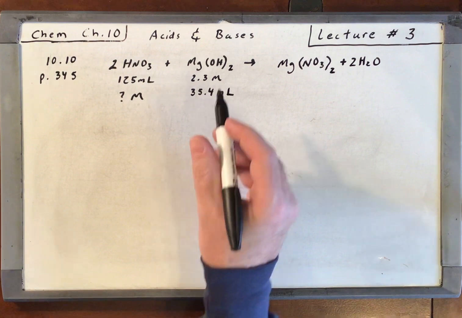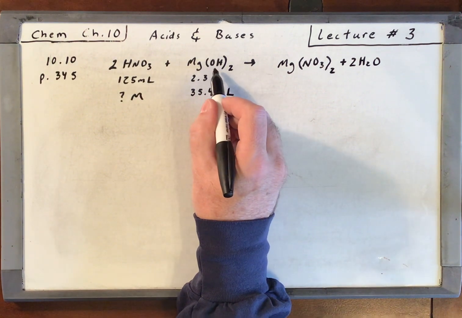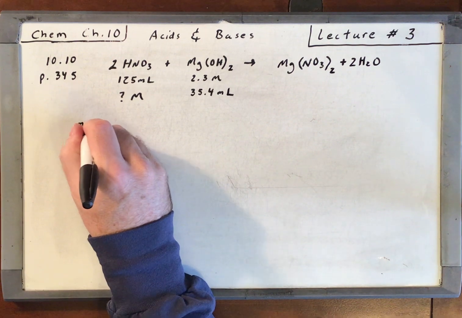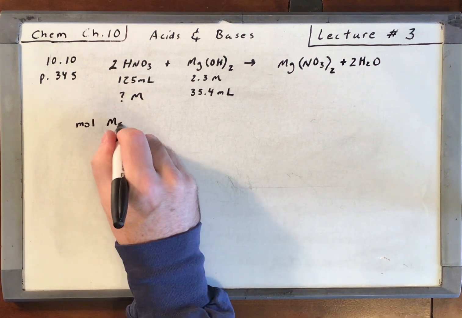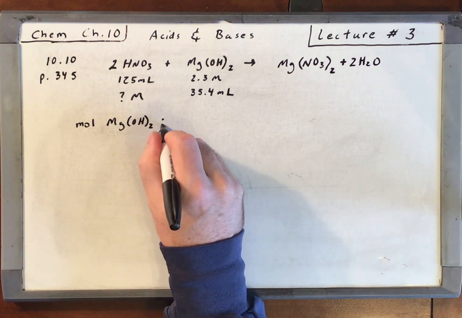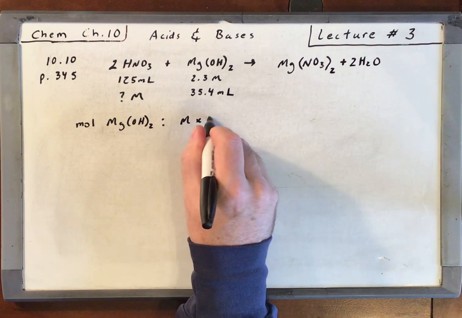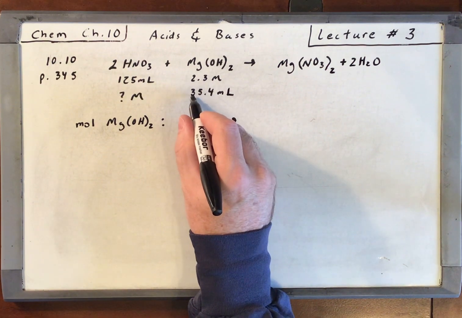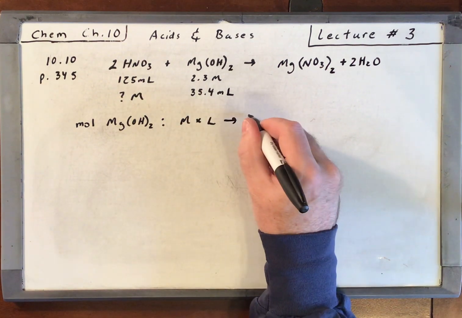Okay, first, I need to get the moles of Mg(OH)2. I've got enough information. Moles of Mg(OH)2 is going to be molarity times liters. Now be careful, this is in milliliters. We've got to move that decimal point 3 places to the left.